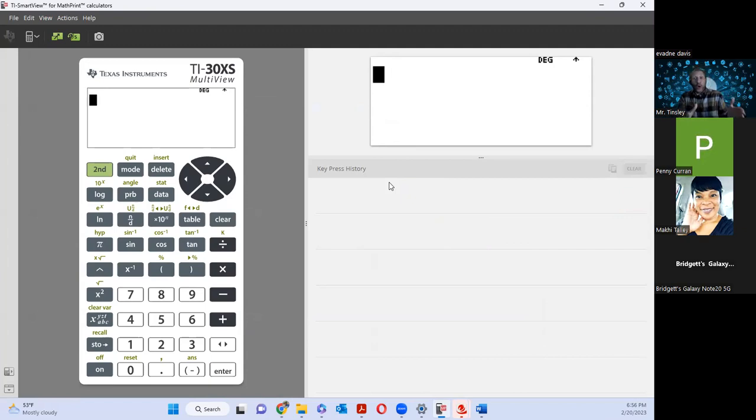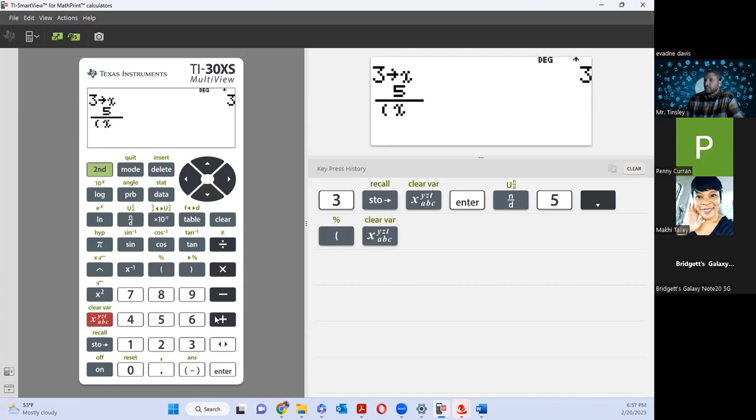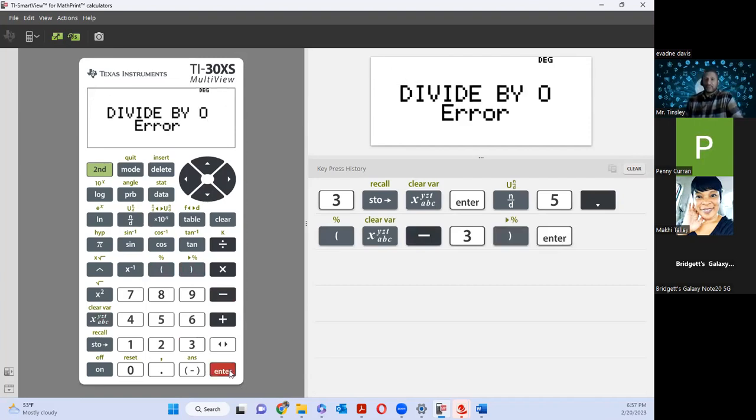So if I know my formula, let me plug in the multiple choice answers until I get what I'm looking for. For example, if I had X is 3, so 3 store X, and I enter 5 over X minus 3, watch what happens.